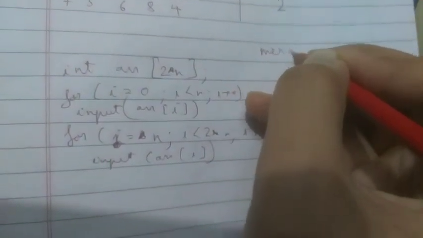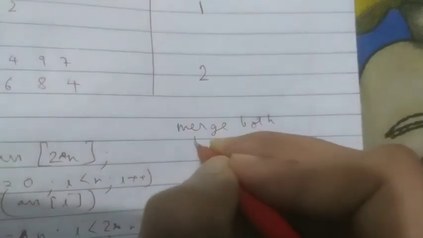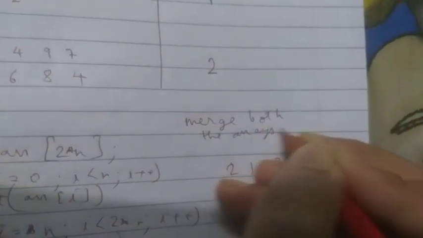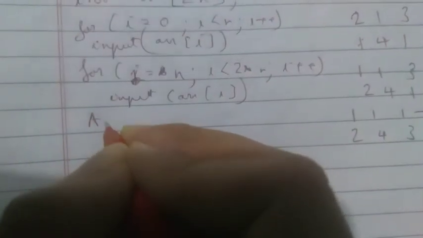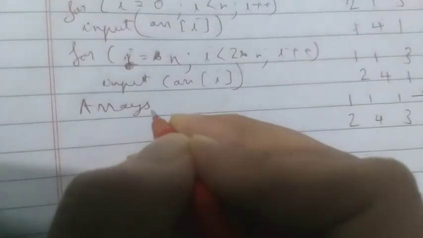That is, we are going to basically merge both the arrays in a new array called ARR. Once we are done with this, we are going to sort ARR.